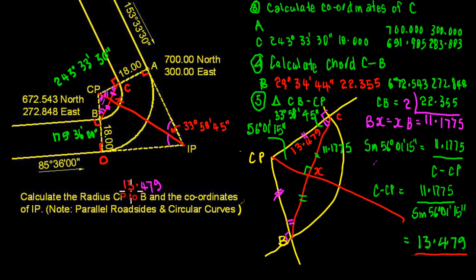That is the radius from CP to B. That was one of the required quantities that we wanted to work out.